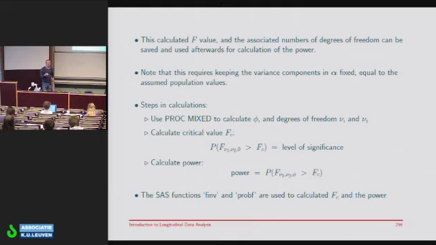And now you want to know what is the probability, if the alternative hypothesis would be true, that I would reject my null hypothesis. So I need to look under the alternative distribution, which is the non-central F, and I need to calculate the probability that I would have a test statistic to the right of the critical value, and that's the power.